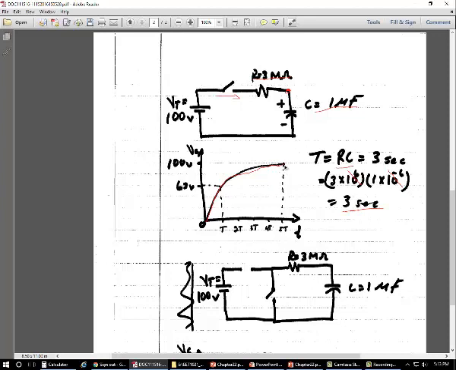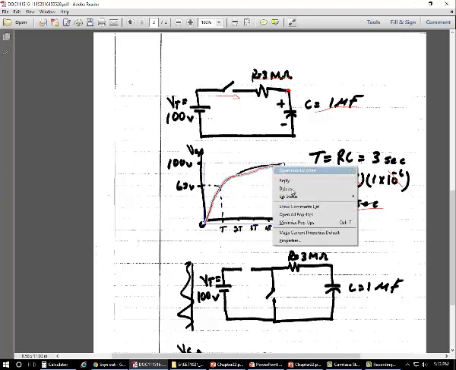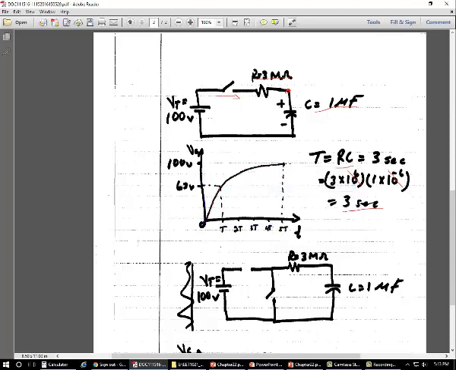Once charged to 100 volts, it will remain at that value, because at that point it acts as an open circuit and all the potential is dropped across the capacitor.